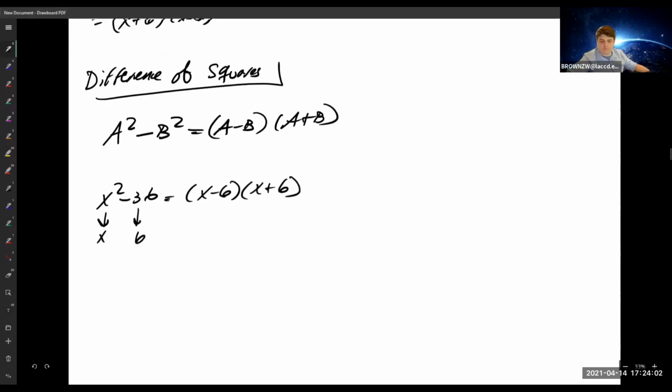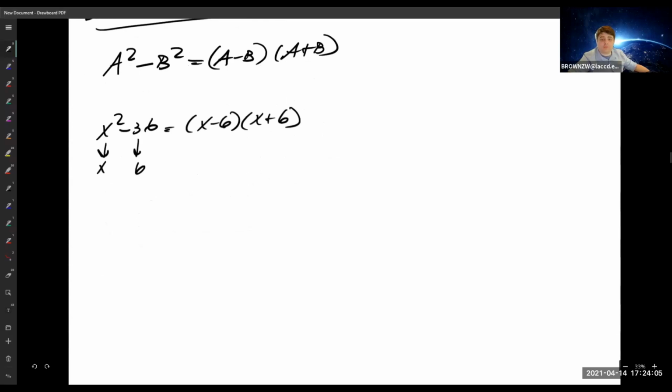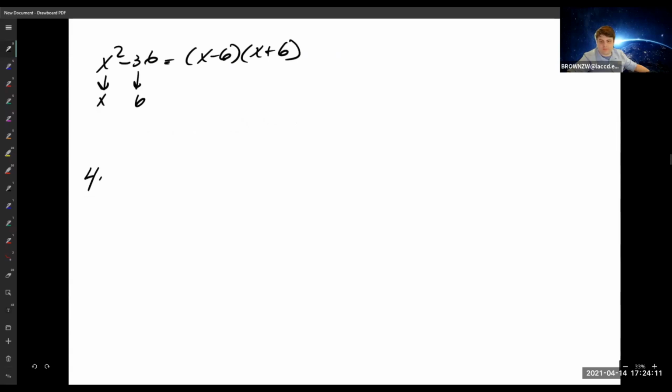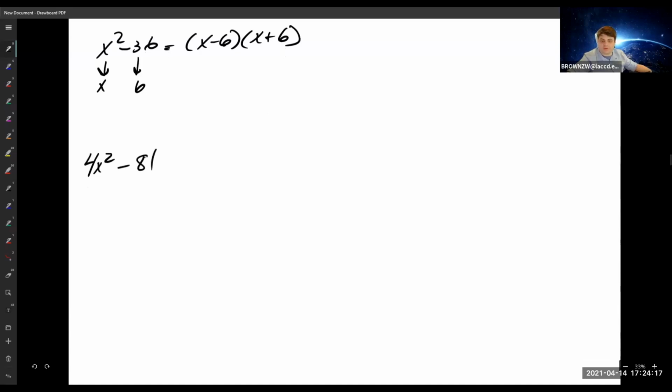So pretty much all we're doing is breaking this thing down in terms of their perfect squares. So if we have something like 4x squared minus 81, this is a perfect square of 2x. This is a perfect square of 9.